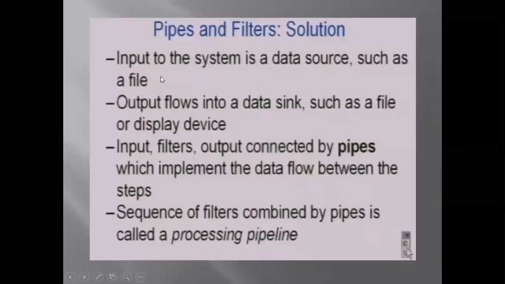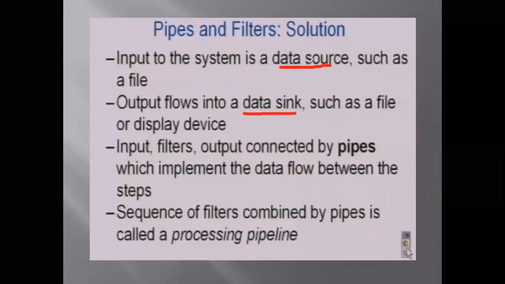The next thing is that input to the system is a data source such as a file. As we have seen, the input to a system can be any kind of data. It can be a file, or data from another device, and output flows into a data sink. So input will come from a data source, and output will go to a data sink.